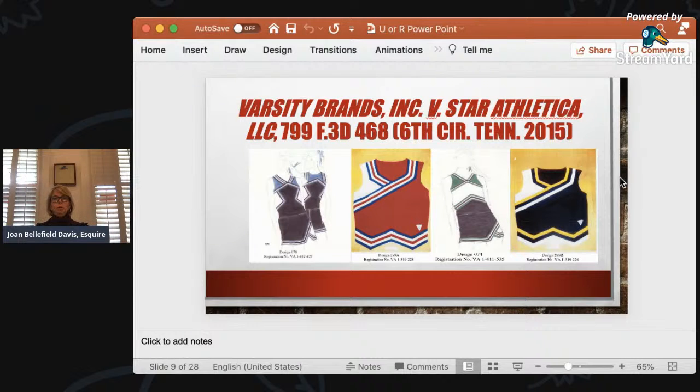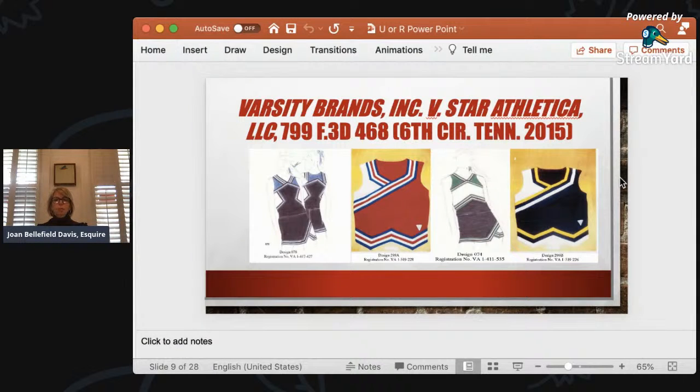And the court looked at a number of factors and trying to decide if these uniforms were just utilitarian or useful, just as clothing, or were they actually more artistic expression worthy of copyright protection?